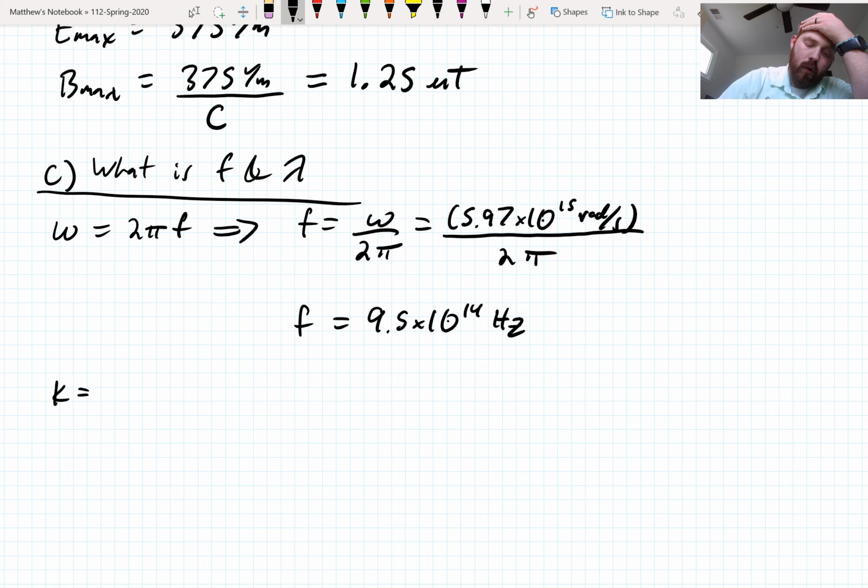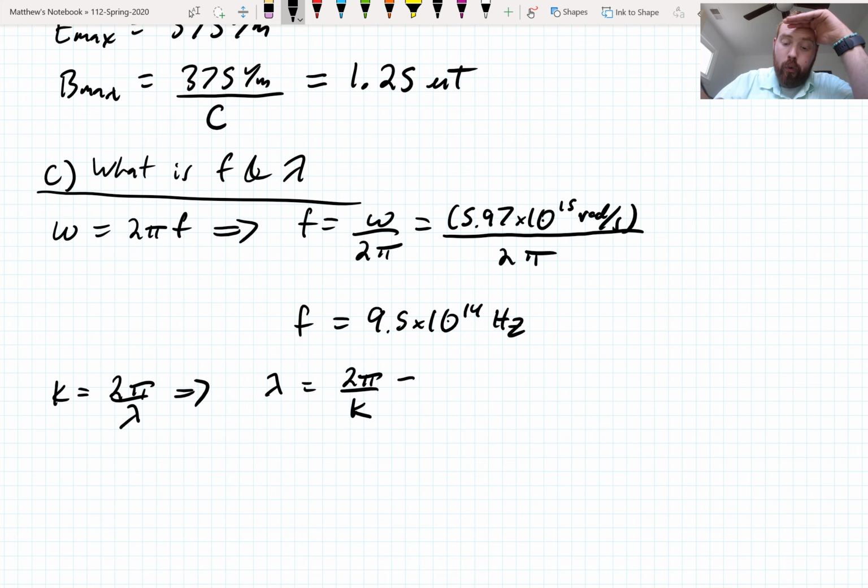You can get the wave number by reading it off the equation. And we can relate the wave number to the wavelength that we want to find. The wavelength is 2 pi over that wave number.